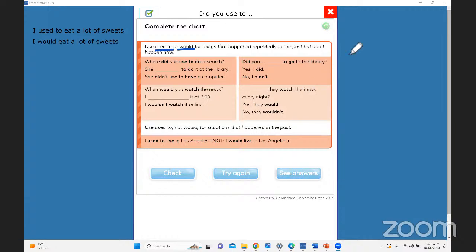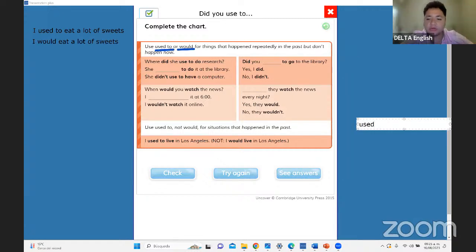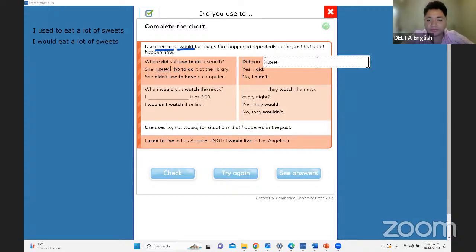She didn't used to have computer. Very well. So she used to. Very well. She didn't used to. Okay, there it is. In this part, you can say that you used to go to the library.